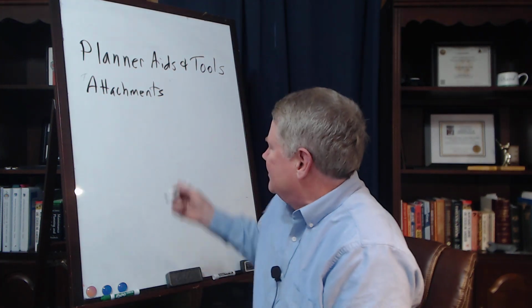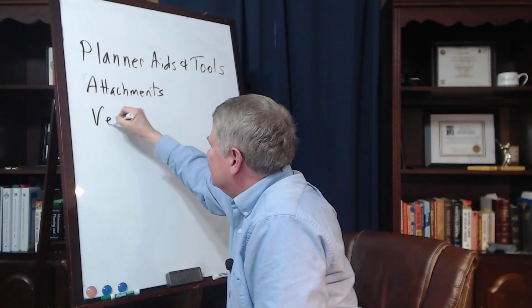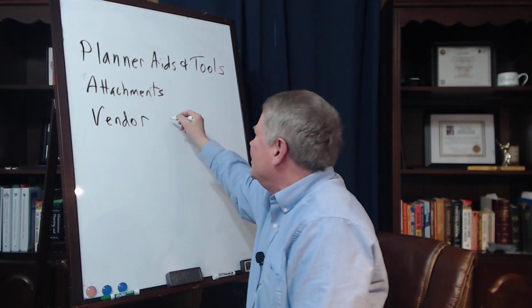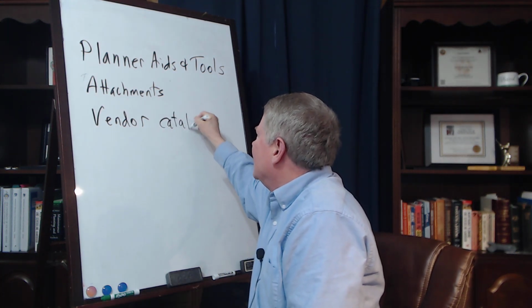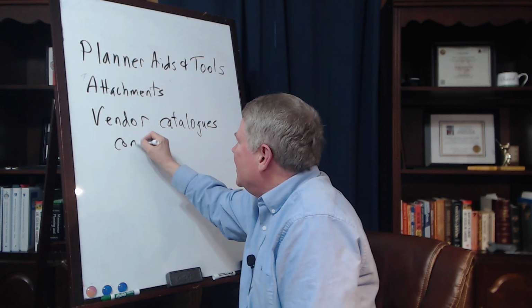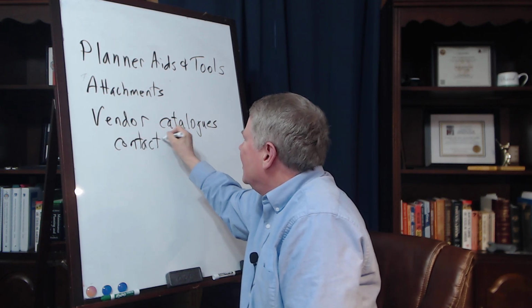Then, let's see, going on, vendor files. We have a lot of vendor catalogs. We also have contact names and numbers.